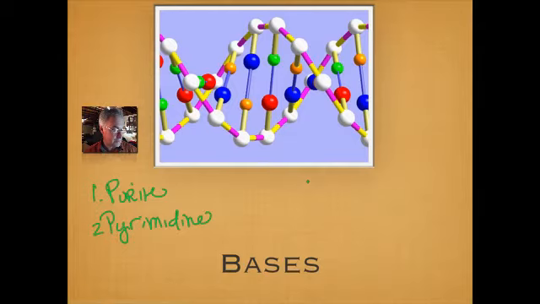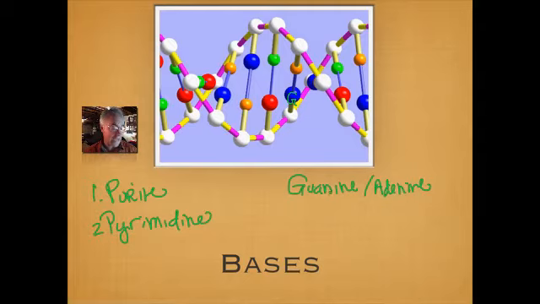For the purines, we have guanine, and we also have adenine. In this particular depiction, the blue right here is guanine, so I'll just put a G on it.